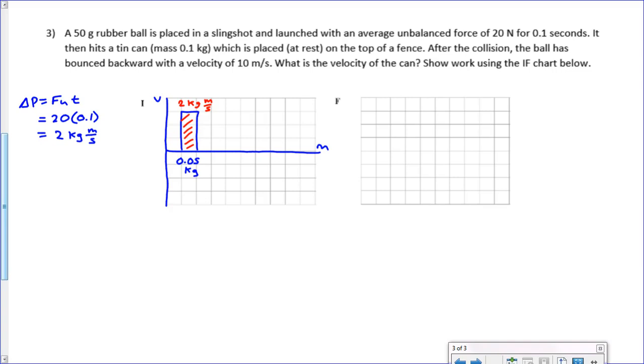It doesn't exactly require it in this problem, but I think it's good to figure out how fast that would be going. And so if you take the momentum and divide it by the mass, you get 40 meters per second. All right, that's how fast it's originally going, 40 meters per second. Then we have also on here a can that has a mass of 0.1 kilograms, and that can is not doing anything at the beginning.